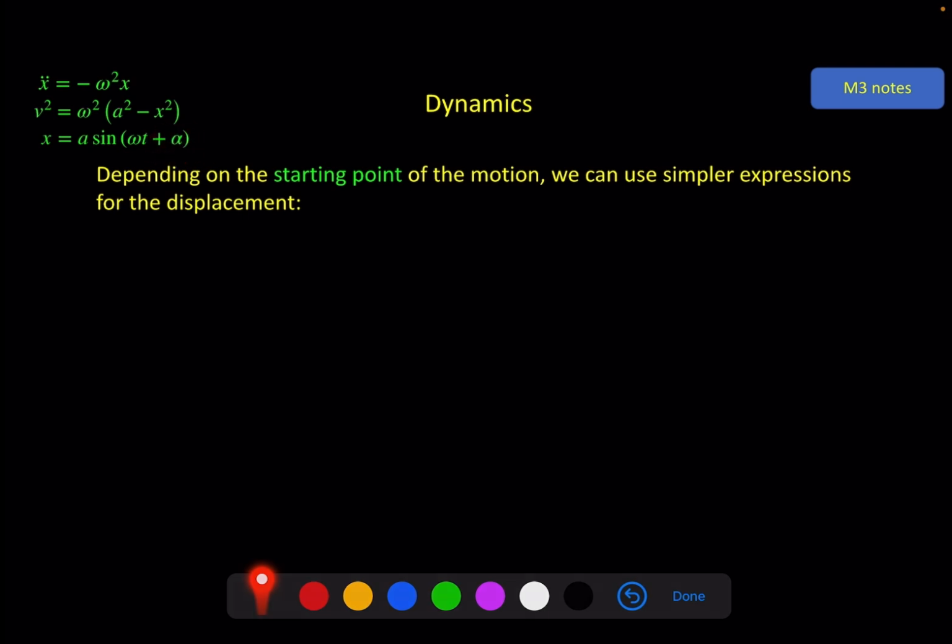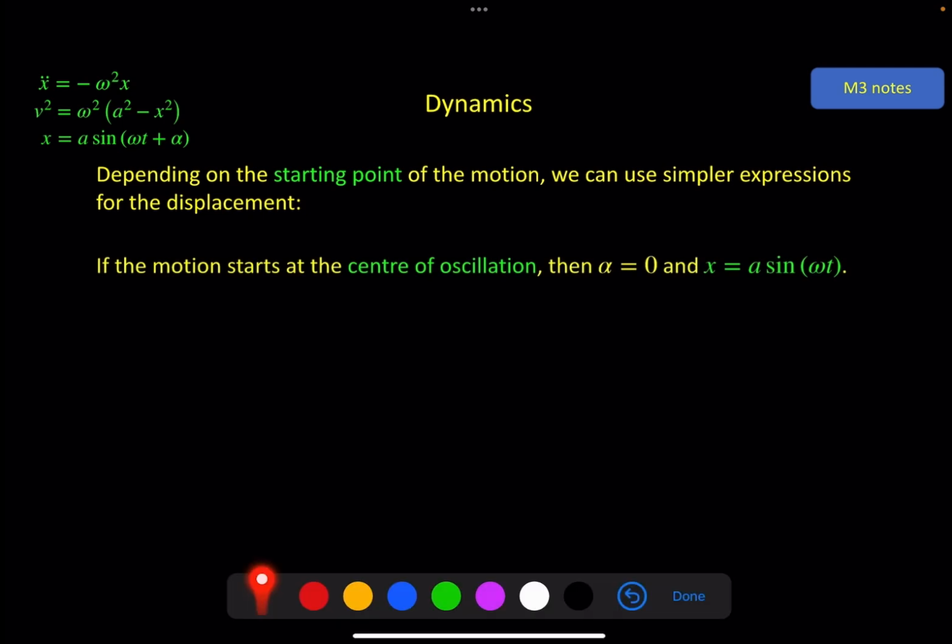Because if we have motion starting at the center of oscillation, then we can put in a boundary condition there, where at t equals 0, x equals 0, that's the center of oscillation there. So if you follow that through, you end up with alpha equals 0, so the displacement function collapses to this.